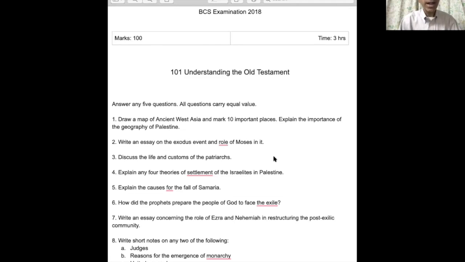Third question, discuss the life and customs of the patriarchs. We did that as well here. They were partially agrarian, meaning they did agriculture, but mostly they were pastoral in nature.